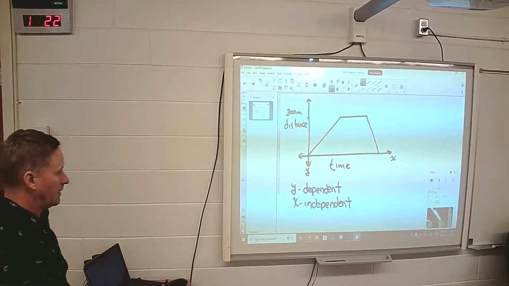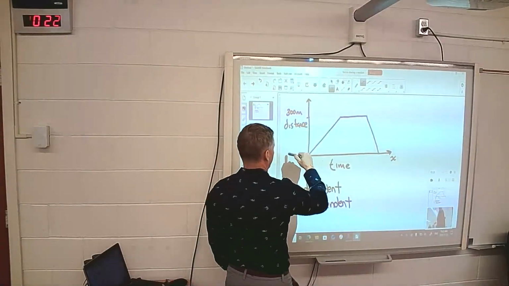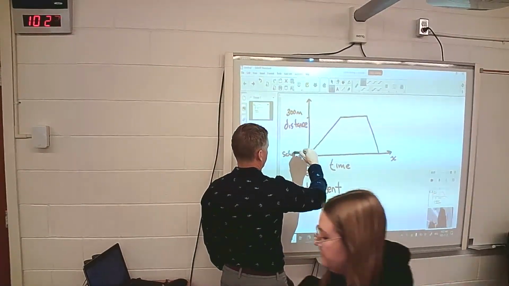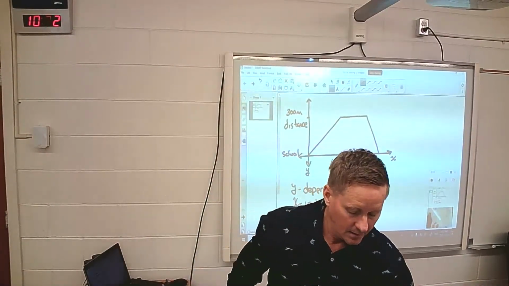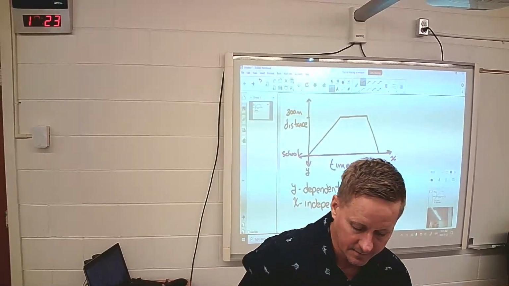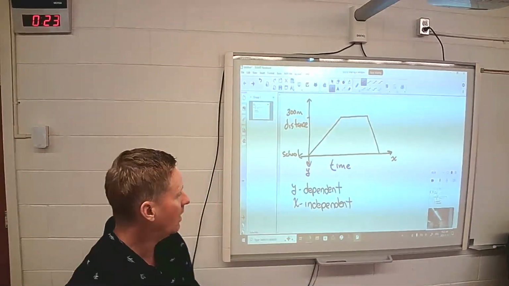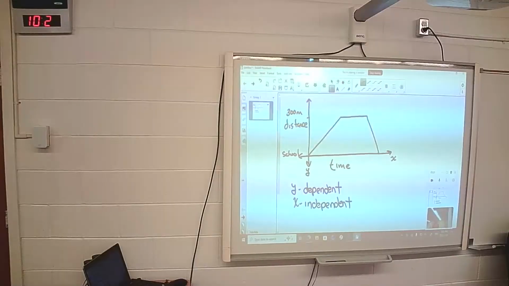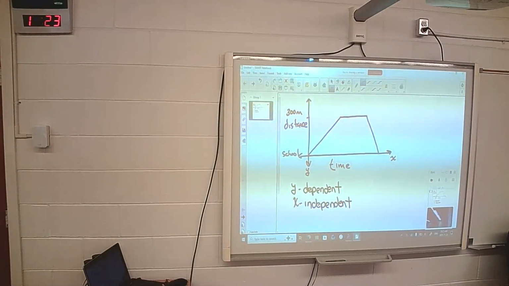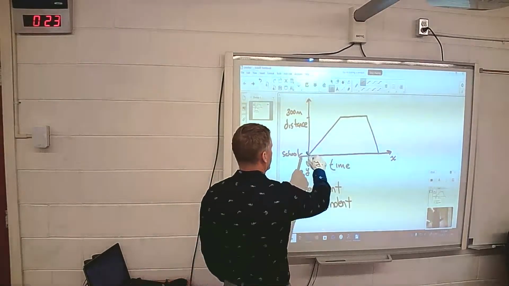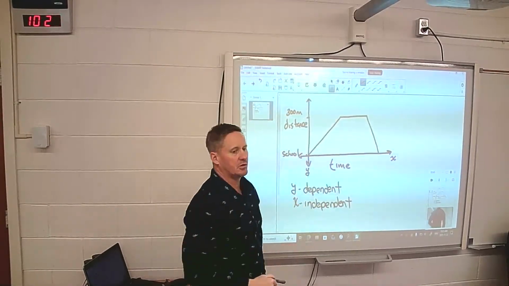According to the distance, if this is the school, the school is my home base. The distance is the y-axis. This tells you where you are in relation to where the school is.